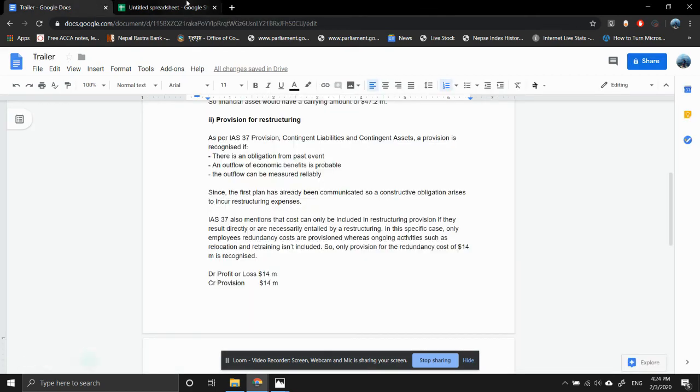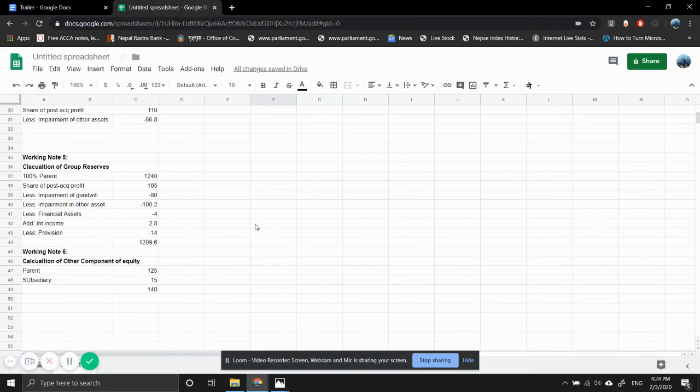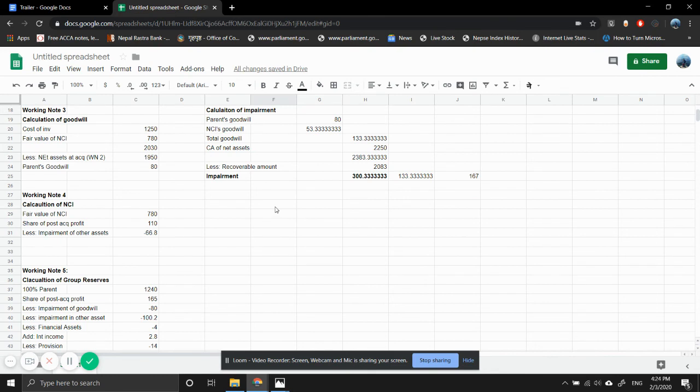So let's prepare our SOFP then, first of all. SOFP, equity shares, right? Share capital, retained earnings, other component of equity, and then NCI.